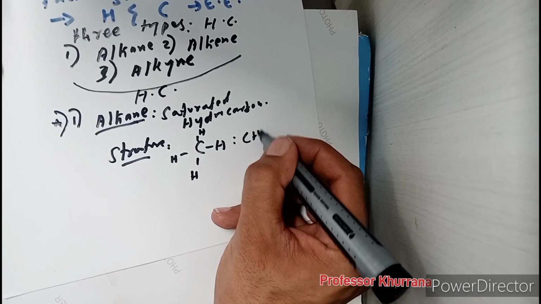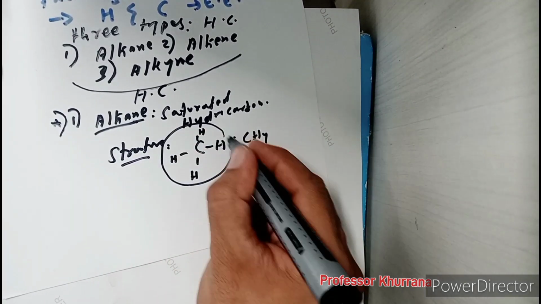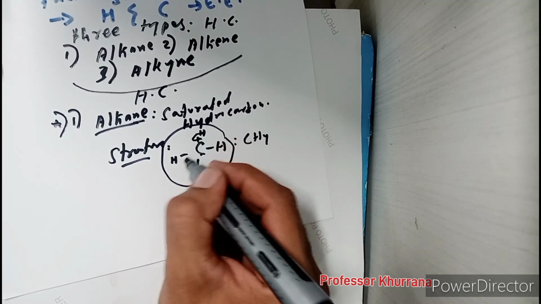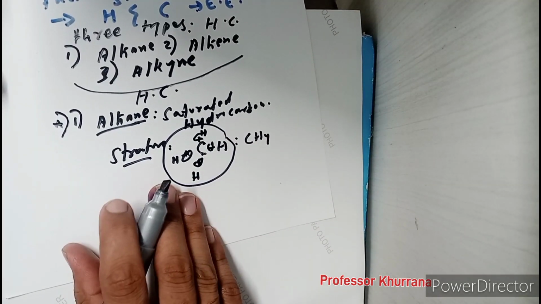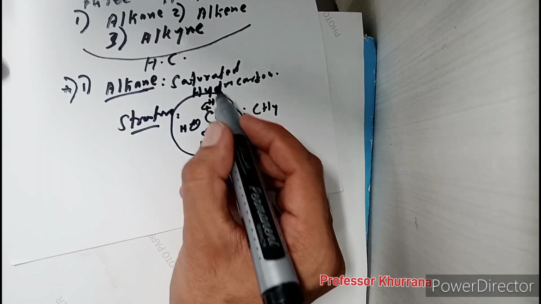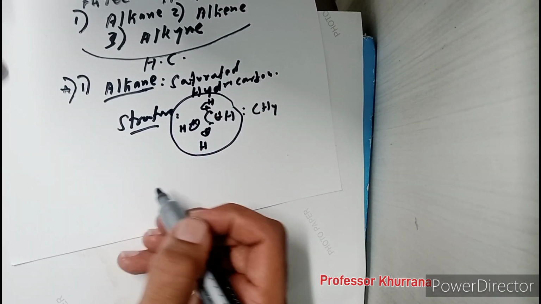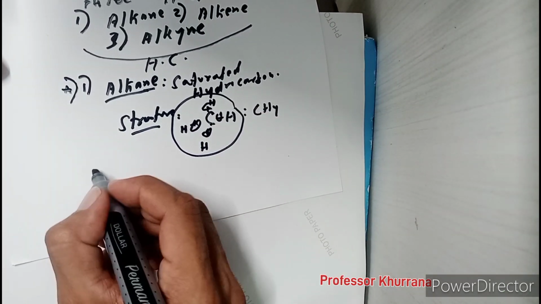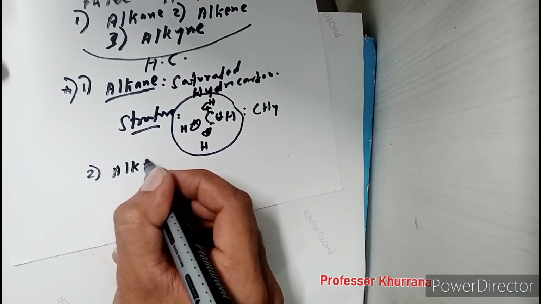So it is CH4. 4 hydrogens are connected to carbon with single bonds. Remember that alkanes are saturated hydrocarbons. Number 2, alkene.